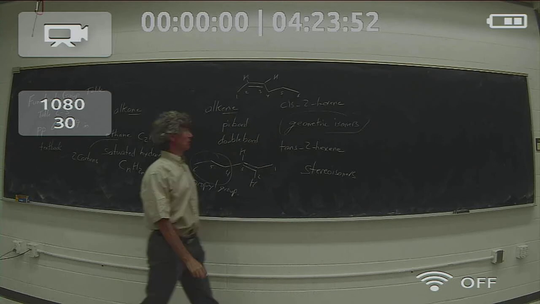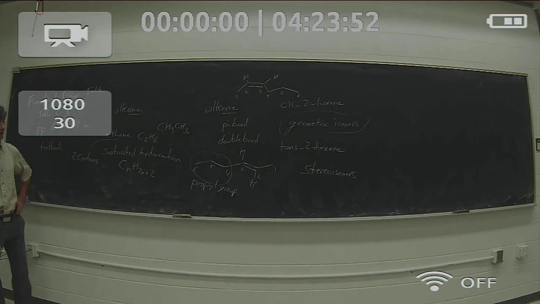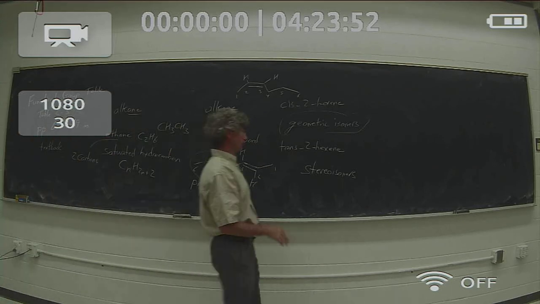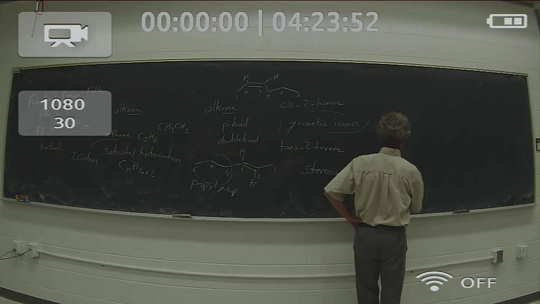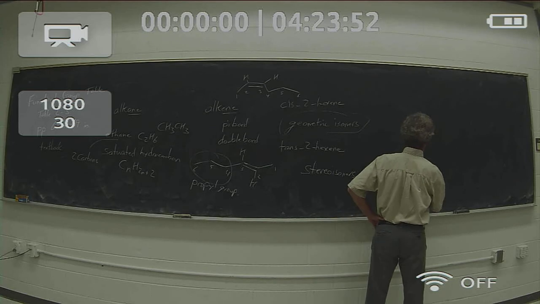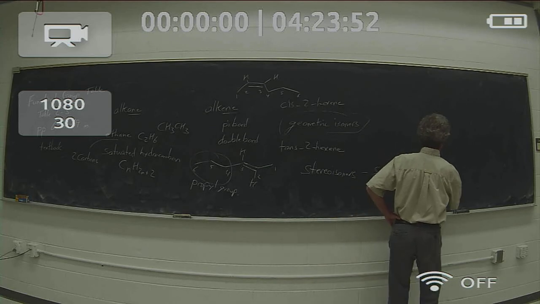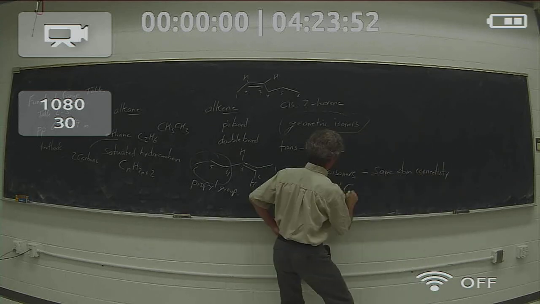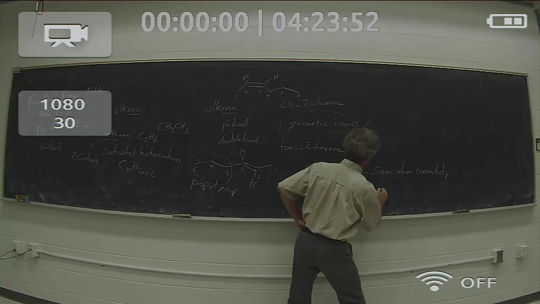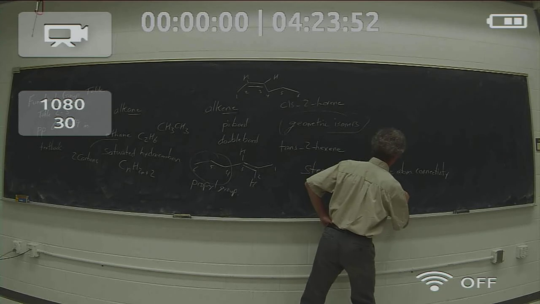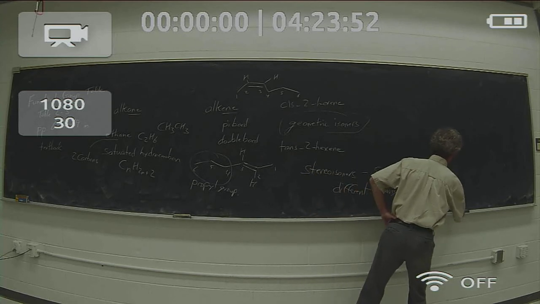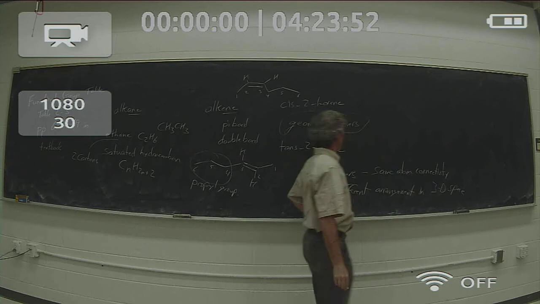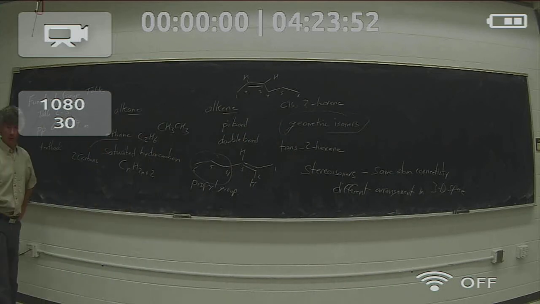They actually have the same connection of atoms. The atoms are connected in exactly the same order, but they're still different in three-dimensional space. And you would have learned that the other subset of stereoisomers is optical isomers.